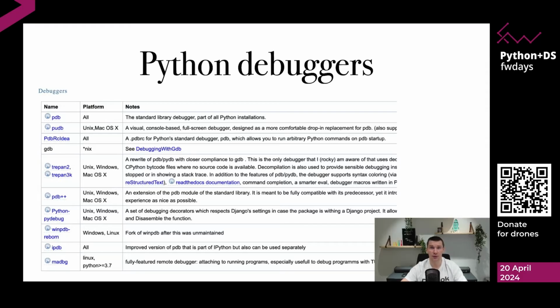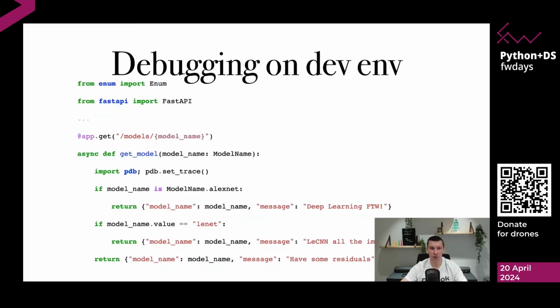But first, let's for a second return to the general approach: how to debug a program locally on your environment, or on your local dev machine. And in general, it's very simple. We have a main program. In my example, it's just a basic FastAPI application.